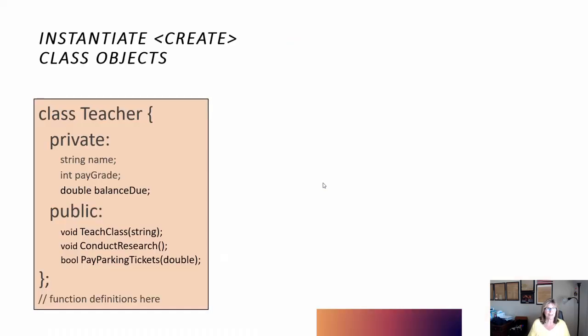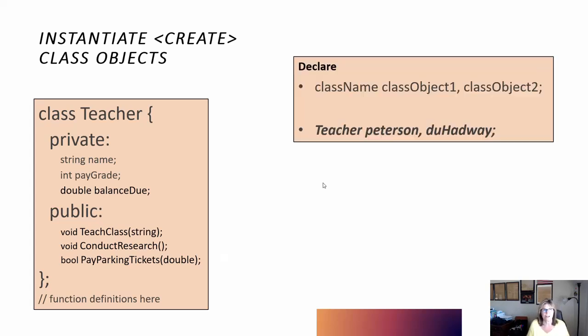All right, so how do we go about instantiating objects of the class, also known as creating objects of a class? We are going to instantiate or create an instance of a class. So we'll have an object. We're going to take our teacher class and let's see if we can just instantiate objects.